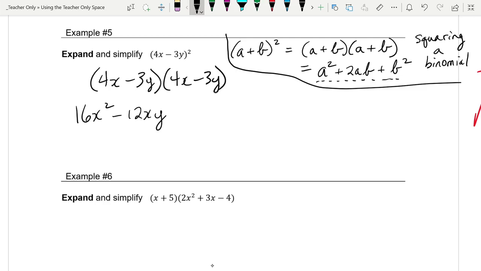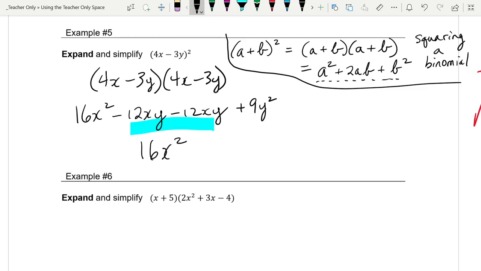Inside times inside is negative 3 times y times 4 times x, which is negative 12xy. Again, if you wrote yx, you're not wrong, but most people write them alphabetically. And then I have negative 3y times negative 3y is plus 9y squared, because negative times negative is positive. Let's look at the two like terms. Can you see them? Those are like terms.